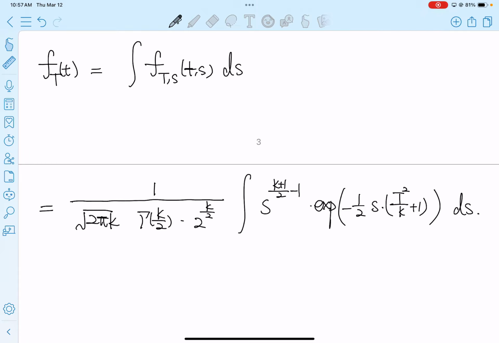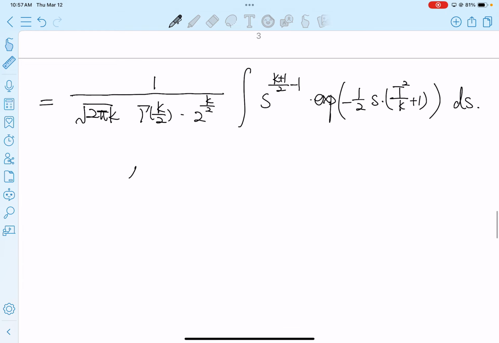So now your alpha is the k plus 1 over 2. Your beta is just this one, bring it into the fraction, right? So using your formula, recognize what the alpha and beta are here. Let me just write down. The alpha is k plus 1 over 2.